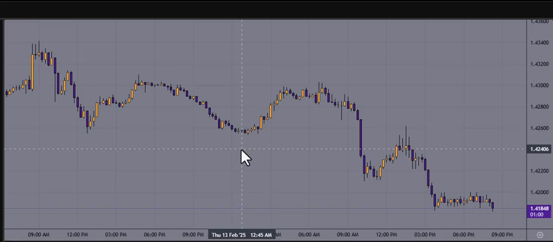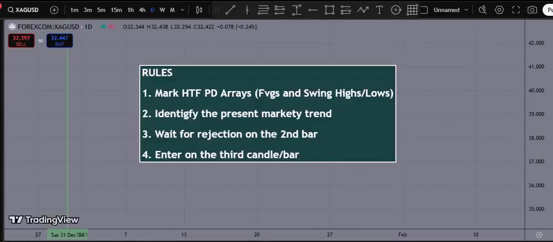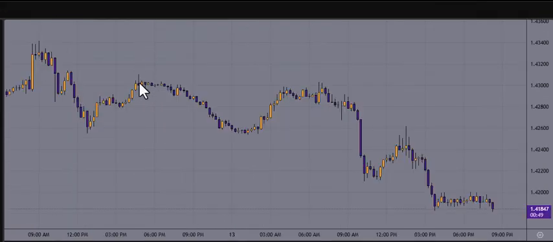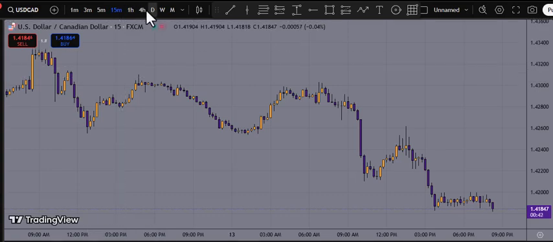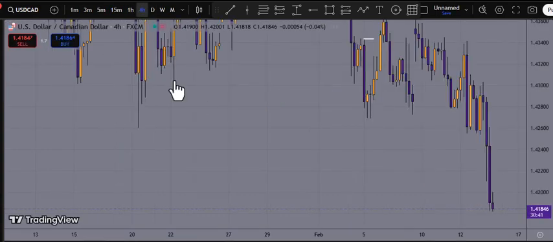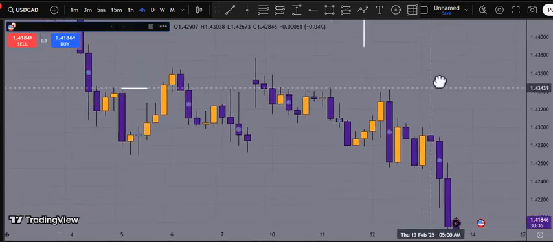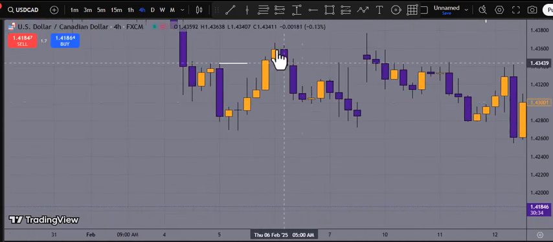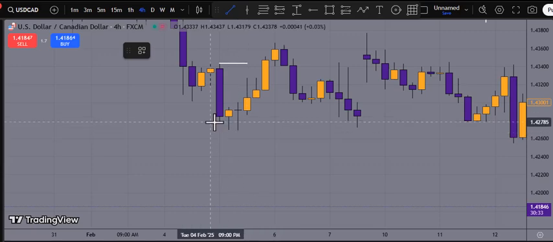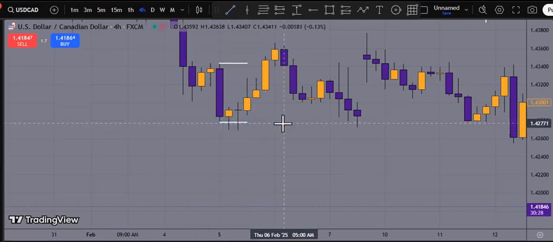Okay, let me go back to the rules again. So identify the present market trend. Yes, we're going to do that. I have a chart where I marked out everything. So okay, back to this. This is our reference candle high. Now this is the low. Let's mark the low and see.